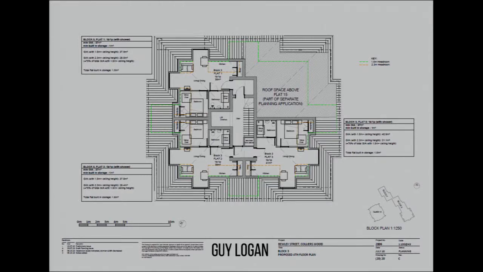I think I'm backtracking, but I'm still trying to get my head around the non-parking for the residents of this site. If it's not a controlled parking zone at the moment, and I understand it's on private land, but if it's a non-parking zone, if it's not a parking zone in that road at the moment, then how can we restrict them from having a permit if it becomes a parking zone?